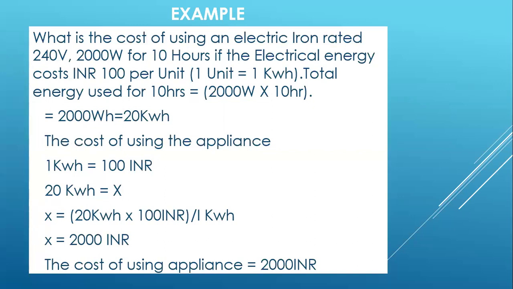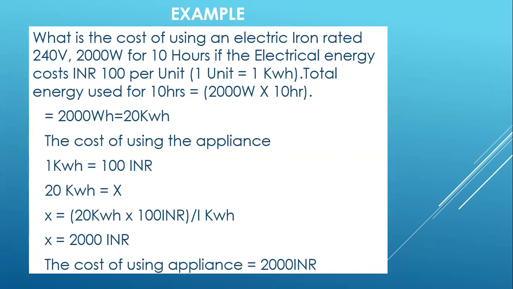Now, let's see an example. What is the cost of using an electric iron rated 240 volts and 2000 watts for 10 hours if the electrical energy costs Indian rupees 100 per unit? Now, we know that 1 unit is equal to 1 kilowatt hour. The total energy used for 10 hours will be equal to 2000 watts times 10 hours. From there, 20000 watt hour will be equal to 20 kilowatt hour.